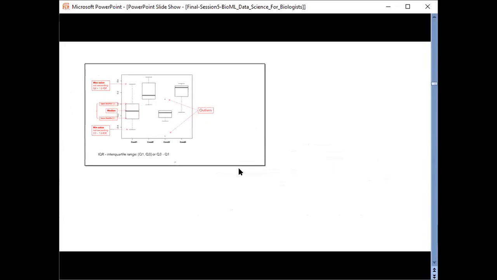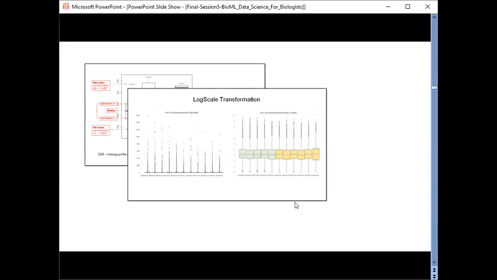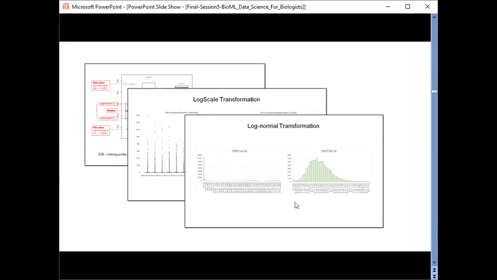Next, we learned how a box plot represents different summary statistics of data. Then we also learned about various normalization techniques like log scale transformation, and we understood how normalization affects the biological interpretation.